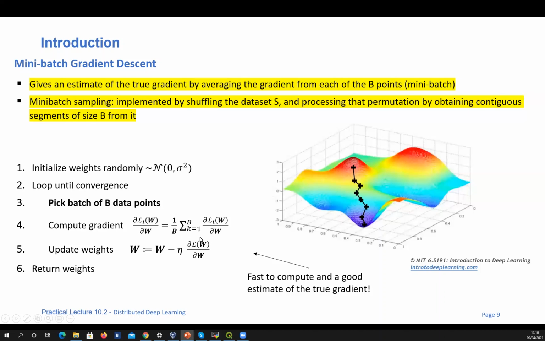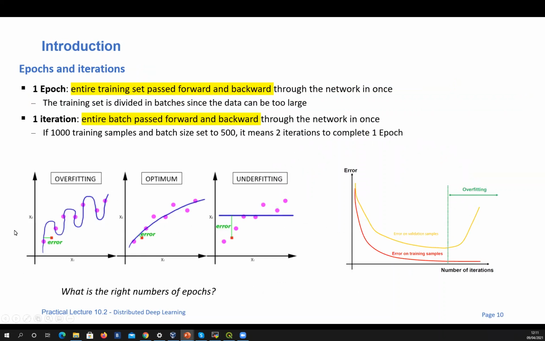And once you do that, the next step is to update the weights that you had from the previous step, by multiplying this gradient by this term eta, this Greek letter eta, that is called learning rate. And then obviously you update these weights, as I said, and you go on for all the data points of your training set. And these are called iterations, as you can see in the next slide.